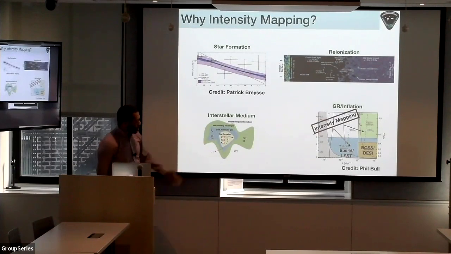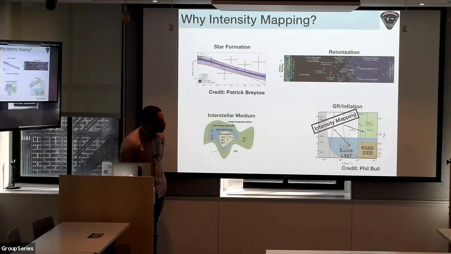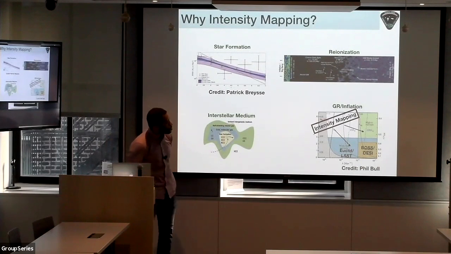We also want to look at the different lines in the interstellar medium, because they trace different constituents of the galaxies, different gas populations, both hot, ionized, and cold. And in addition, we want to be able to use the intensity map for large-scale structure and cosmology in particular.